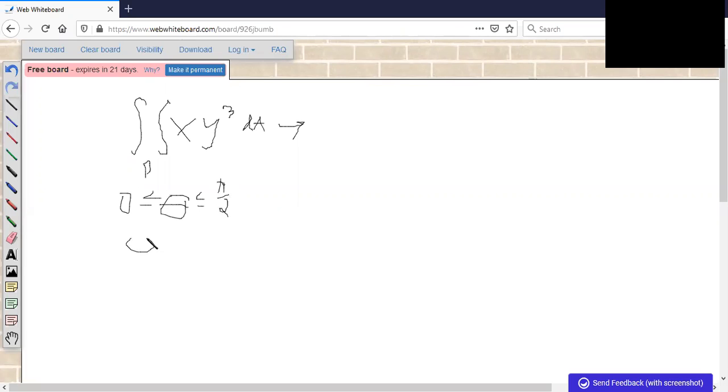And we end up with 0 less than or equal to r, less than or equal to 2 sine of theta.